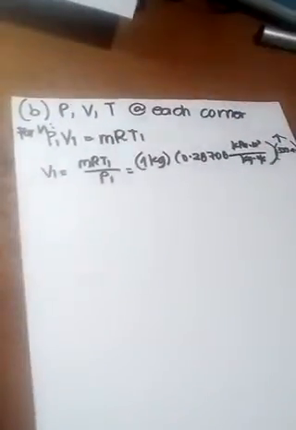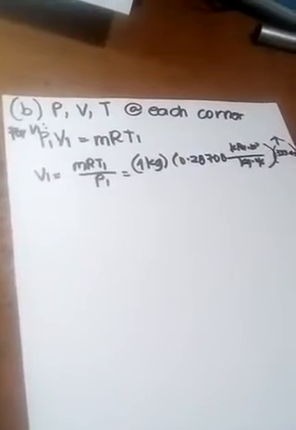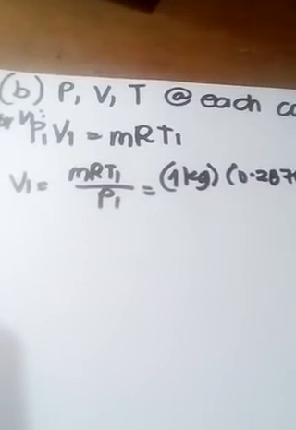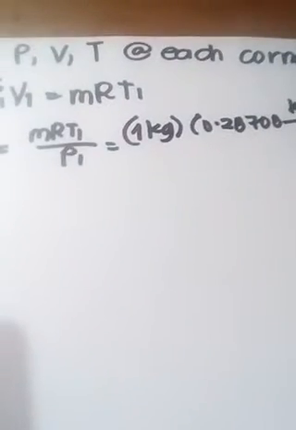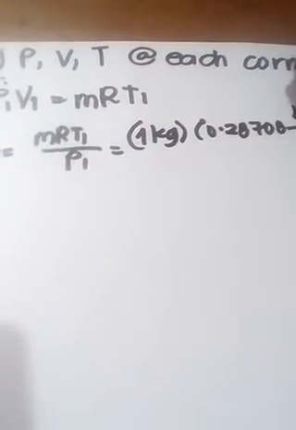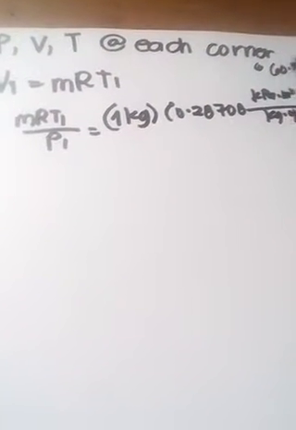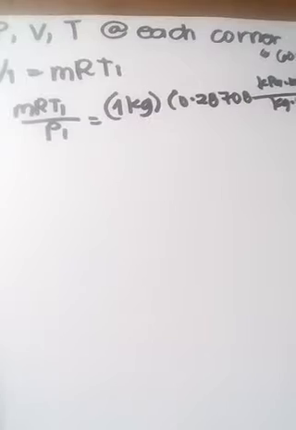Before I forget, this came from the given temperature, which is 60.3 degrees Celsius, converted into Kelvin: 60.3 plus 273.15.